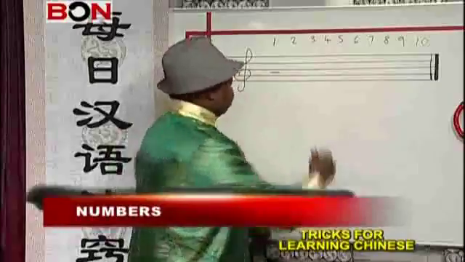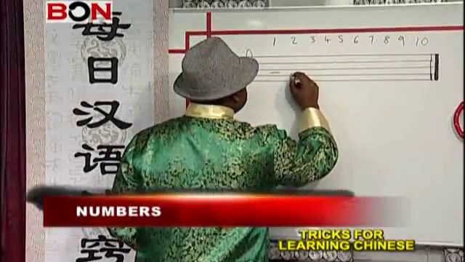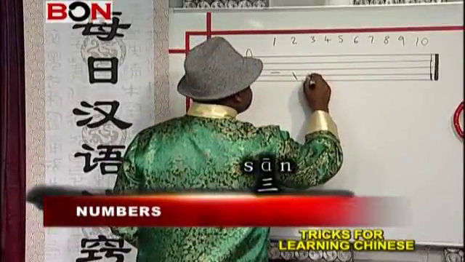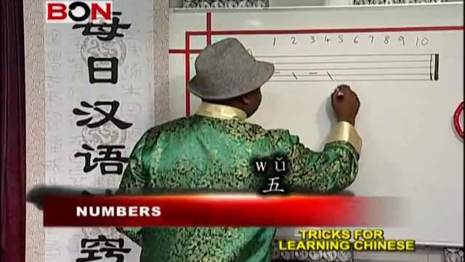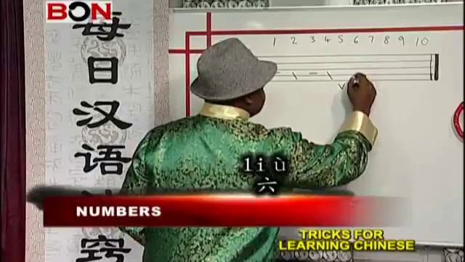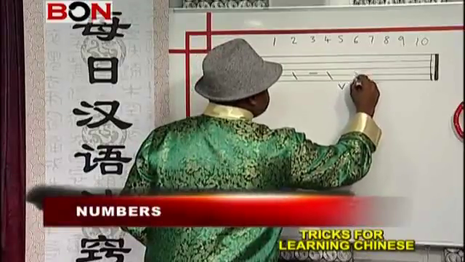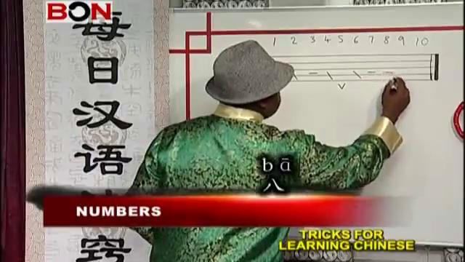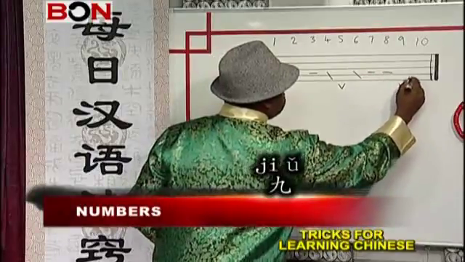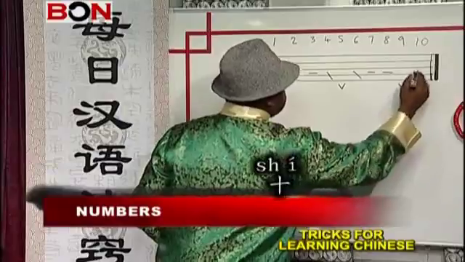Er is a falling tone, so it goes this way. 3, 4, 5, 6, 7, 8, 9, 10.